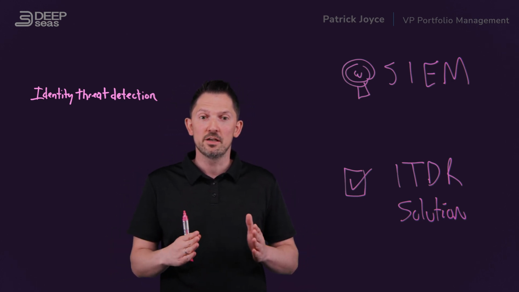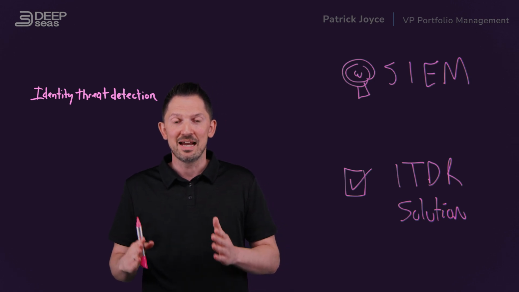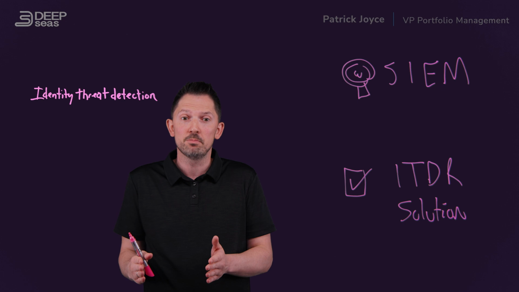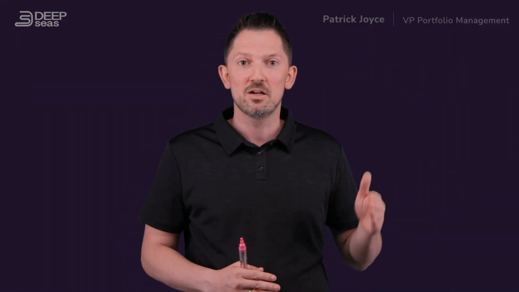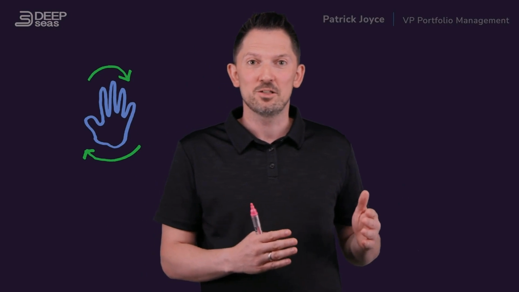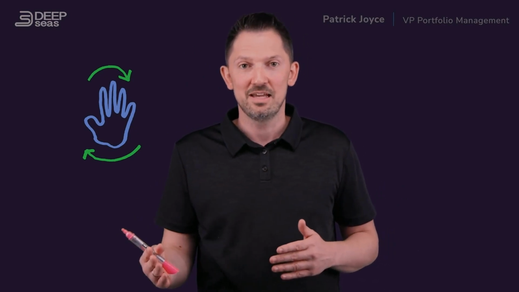It only focuses on identifying the identity style threats, where a SIEM you can use more broadly, not just simply on identity. The other interesting thing about ITDR solutions is many of them allow you to automate the initial response actions. So you can program an ITDR solution to take initial action.